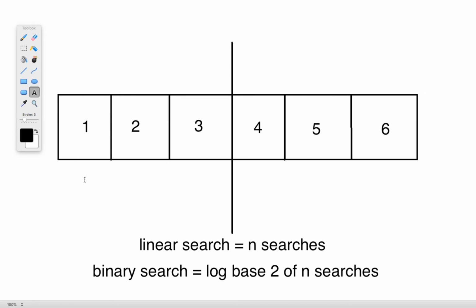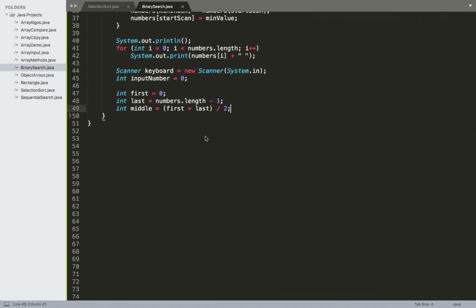So if we do positions 0 and position 5, if you add those together, then you get 5. Divide that by 2, and it gives you 2.5. You truncate the 0.5, and that gives you 2. You have 0, 1, 2, and that's why I used 3 earlier for this example. So it's based on the integer division that we're doing to get this position to round out properly when we have an even number of elements.